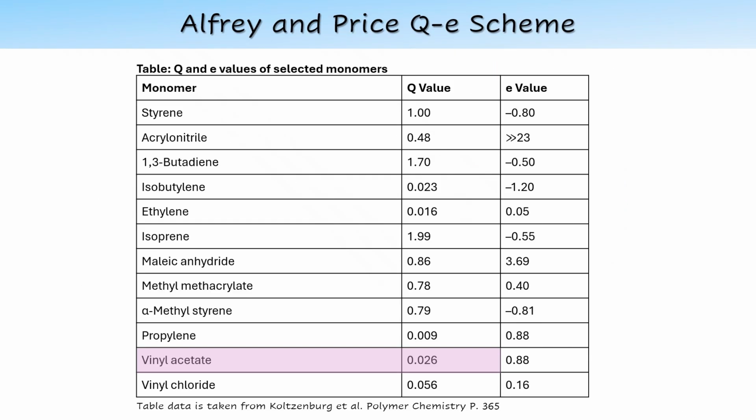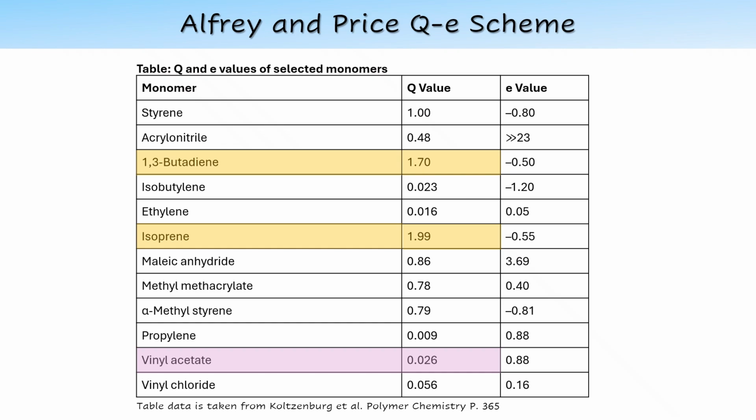This table gives us the practical outcome of the QE scheme: experimentally determined values for common monomers. Here we see the reference styrene at Q equal to 1 and E equal to minus 0.8. You can immediately spot trends. Conjugated monomers like butadiene and isoprene have very high Q values, indicating strong resonance stabilization.